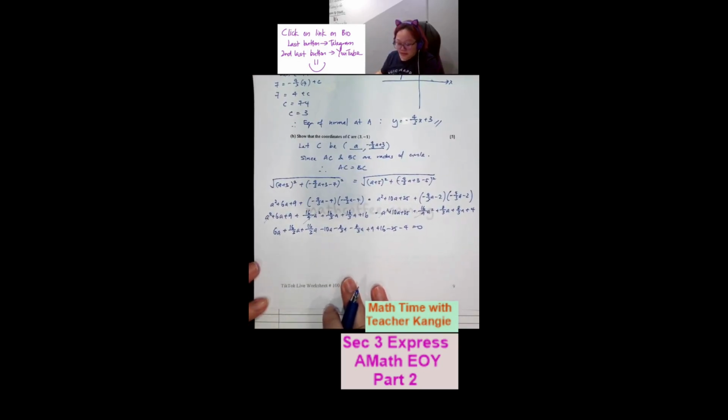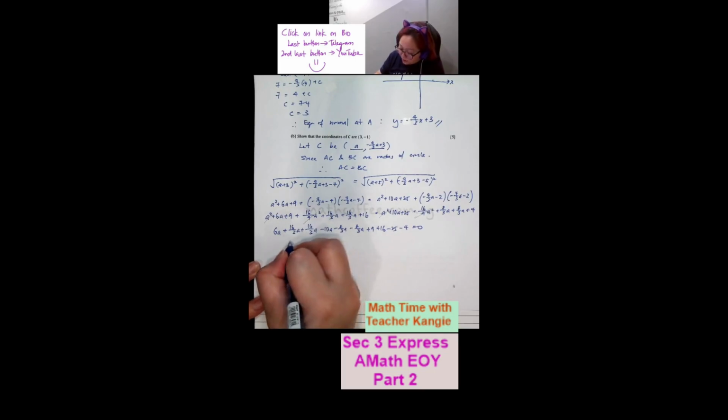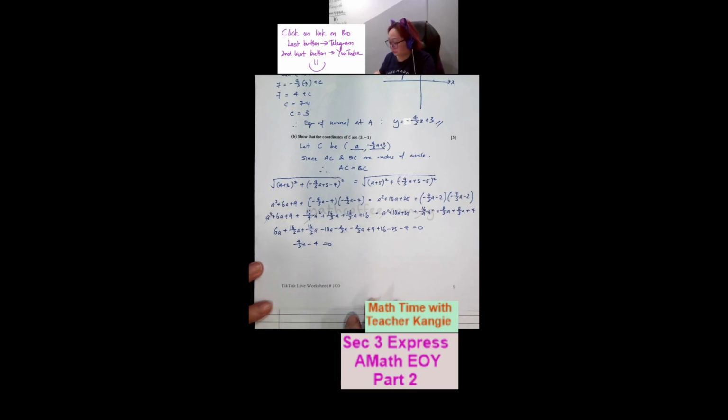As for the numbers, I have plus 9 plus 16 minus 25 and minus 4 equals to 0. After I simplify, I will have 4 over 3A minus 4 equals to 0. So I will have my 4 third A equals to 4, A is equal to 3.